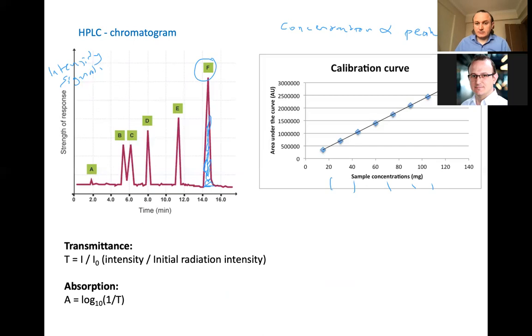So if we have again a sample with unknown concentration, I can inject it to the HPLC and find the area. Imagine this is my unknown sample and its area is with this value. I can again use the calibration curve to find the concentration of my unknown sample.